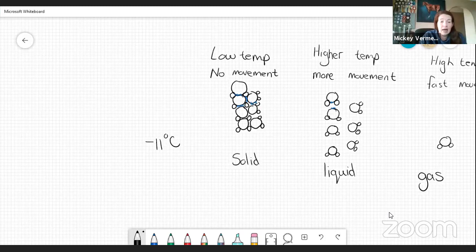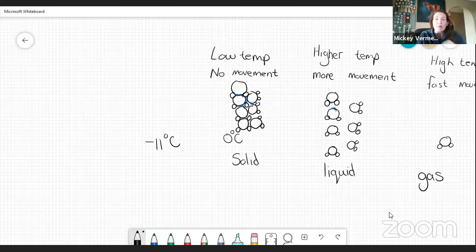It's still ice, all the way until 0 degrees Celsius. However cold I can get my freezer, that's how cold my ice will be. And I put energy in, and now the temperature of the ice increases. But it's still ice.